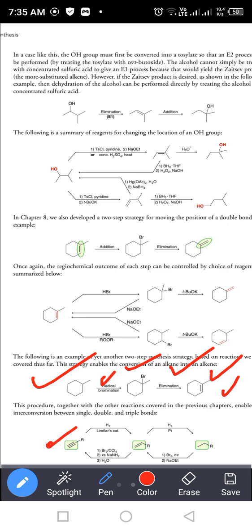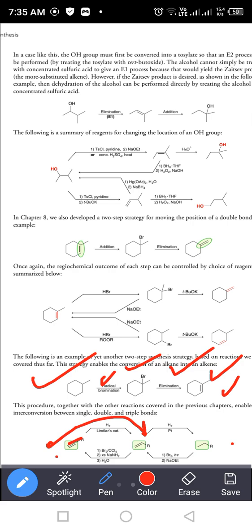Now an alkyne is given, and we are asked to convert this alkyne into an alkene. How does an alkyne change into an alkene? We have studied this conversion in the previous chapter, might be chapter 8. We must have an idea about the catalyst, Lindlar catalyst.